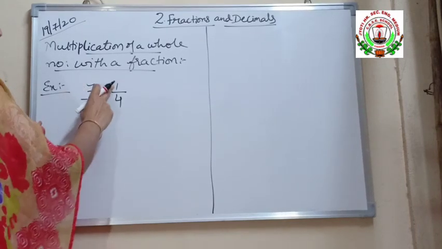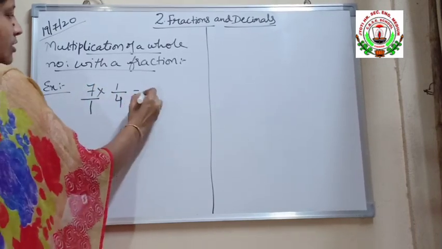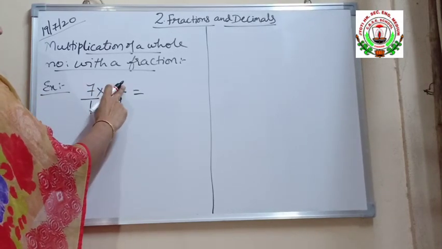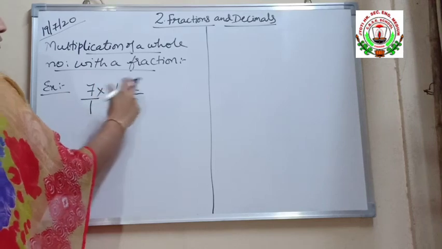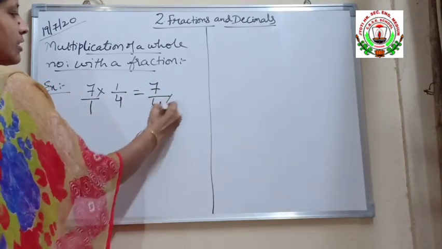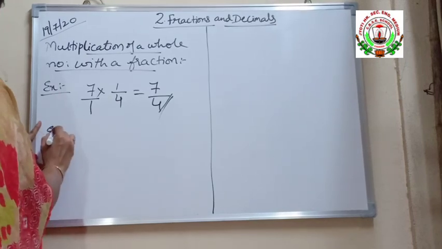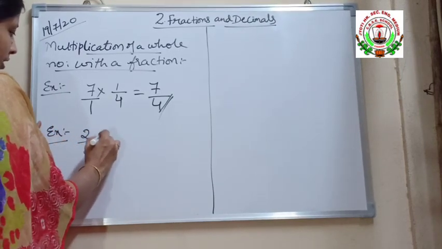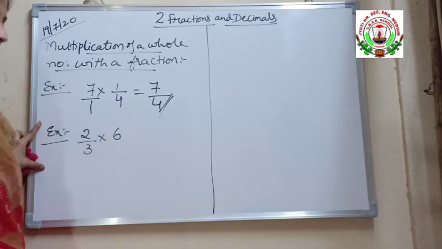So this is also a fraction. So now the denominators can be multiplied and the numerators can be multiplied. So 7 into 1 is 7 here and 4 into 1 is 4. This is your answer.